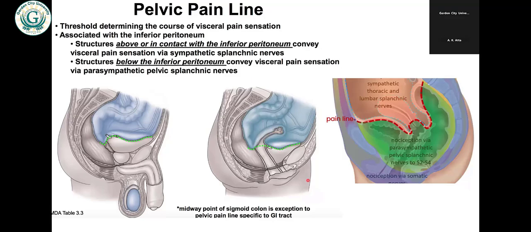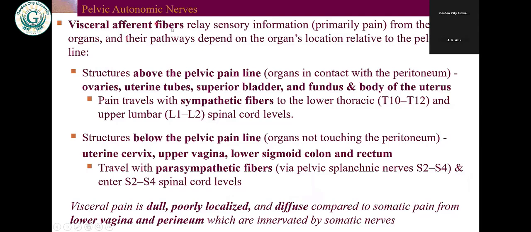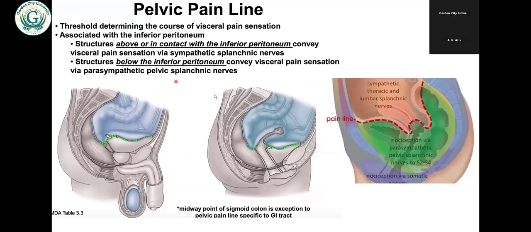So we're also interested in visceral afferent fibers, or visceral sensory fibers. They relay sensory information, primarily pain, from the pelvic organs. So there is something that we call the pelvic pain line.